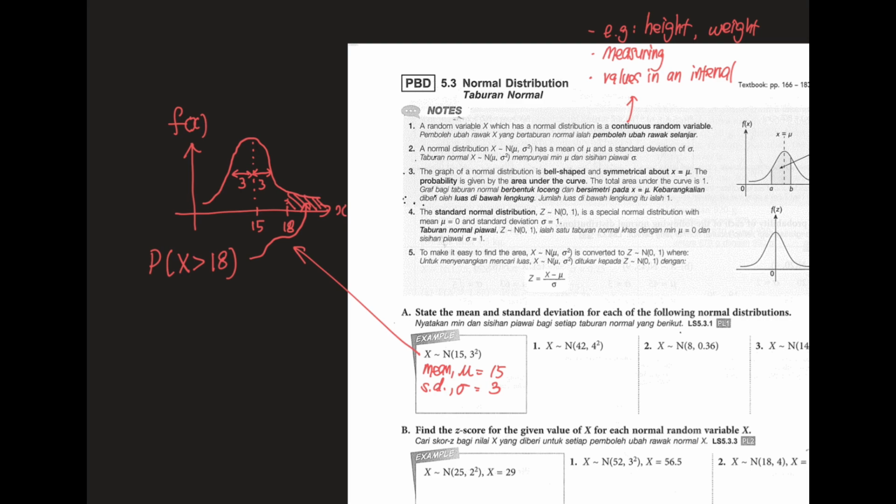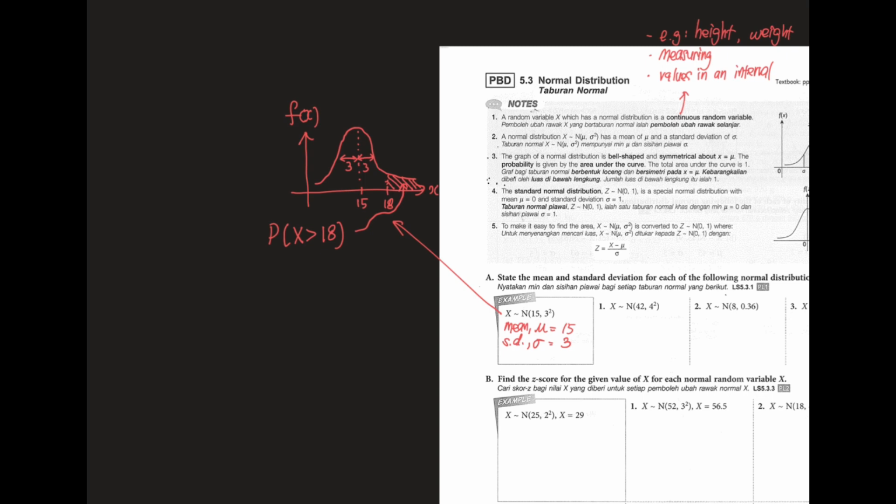First of all, we have a problem. The problem is different kinds of normal distribution. For example, let's say like question 1, we should expect the graph to be like 42 here, and it's a bit wider. The mean is 42, standard deviation is 4, bigger compared to the first graph that I put up there.